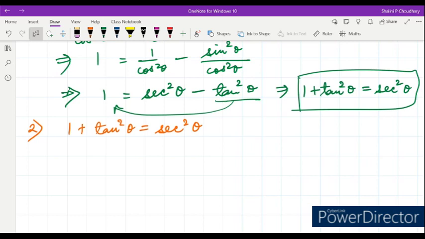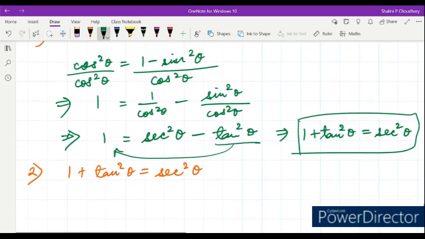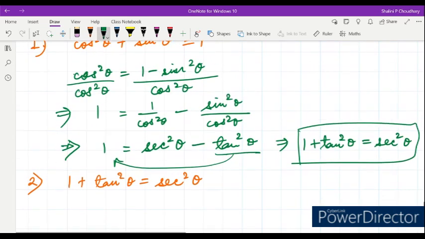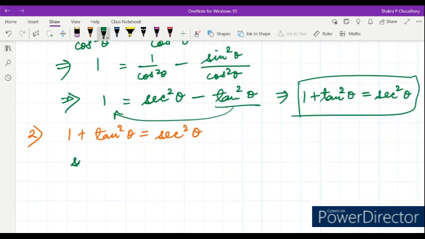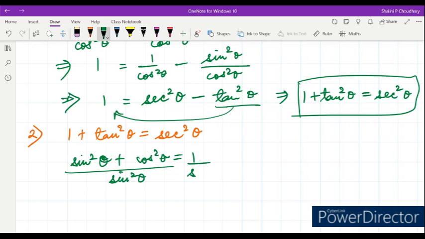Now again we'll take the same formula, sine square theta plus cos square theta is equal to 1, right? If we divide both the sides by sine square theta, so what we'll get?